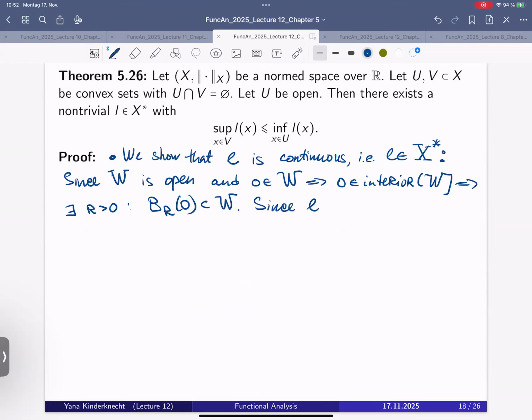Since we have constructed L such that on the set W it takes values smaller or equal to 1, the same holds also for this open ball. So L restricted to this open ball also takes values smaller or equal to 1.